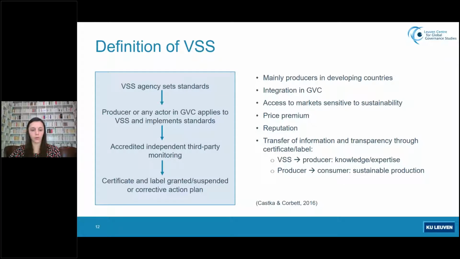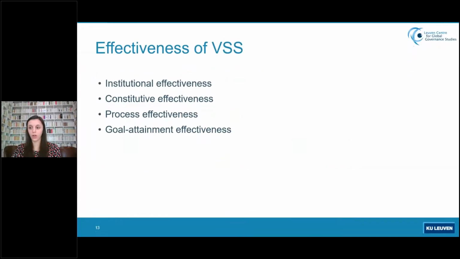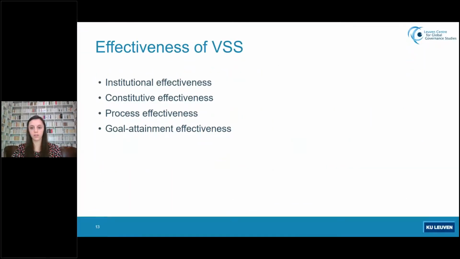Okay, so that's for how they work, but you might also be wondering how VSS are governed internally, how and whether they are recognized, how widely they are adopted, whether they are effective in creating positive social or environmental outcomes on the ground. And I will actually answer all those questions because it all refers to the concept of effectiveness.